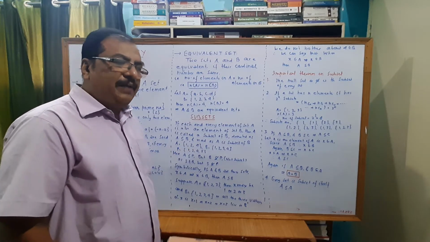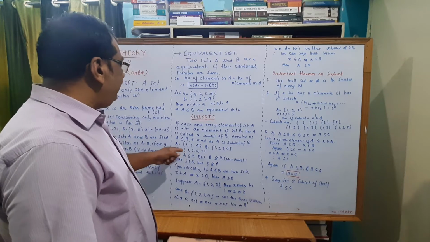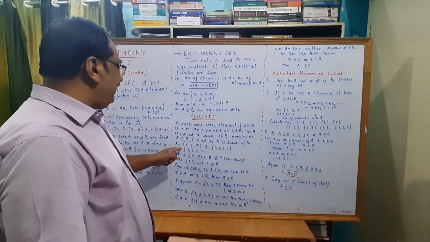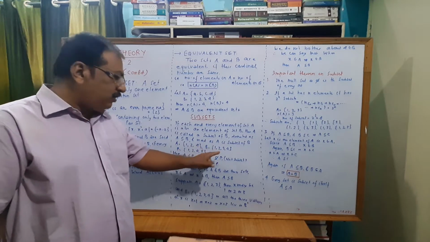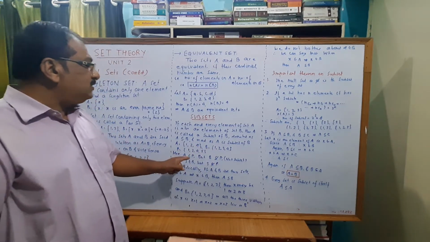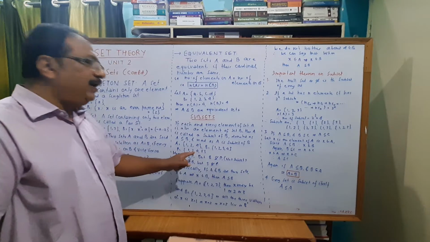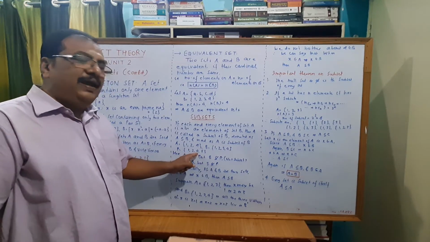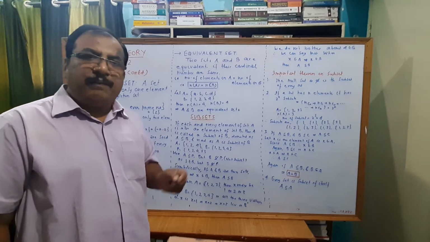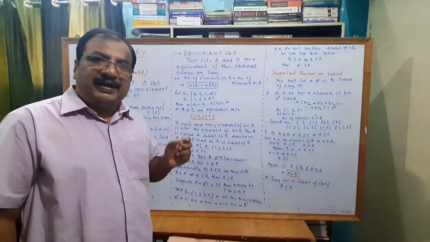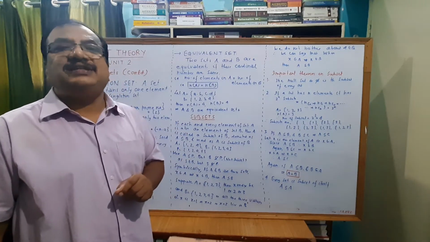That means all elements of A are contained in P. We can say that A is a subset of P. But B is not a subset of P. Why? Because 3 belongs to B, but 3 does not belong to P. And according to the definition of subset, set A is a subset of B when every element of set A is contained in set B.